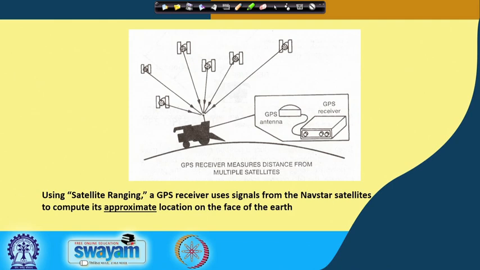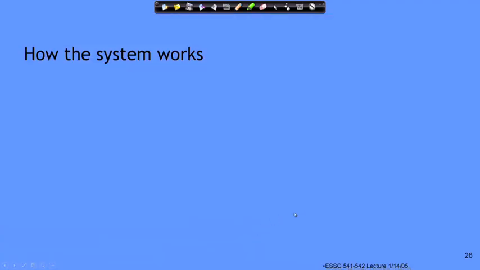You can see here a GPS antenna is mounted, where there is a GPS receiver, and this GPS receiver is collecting information from different Navstar satellites. So, let us see how this GPS system basically works.